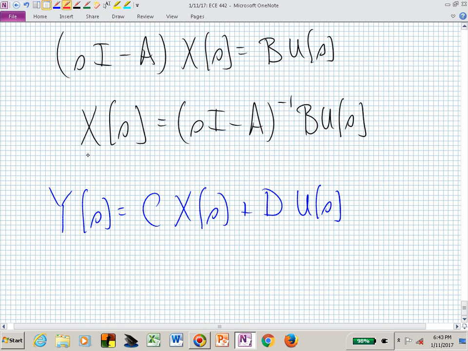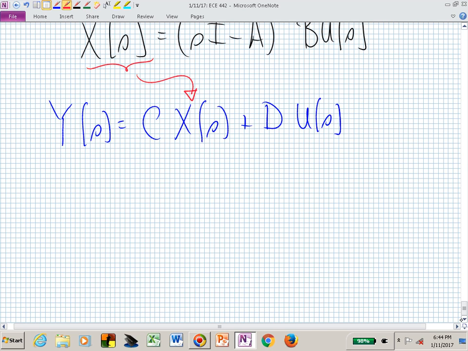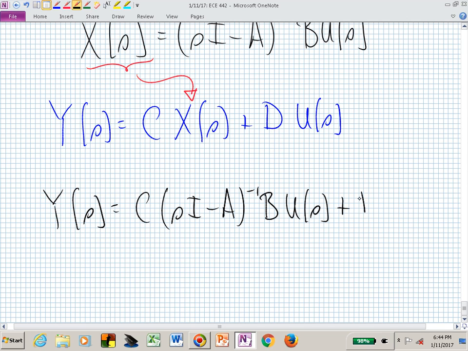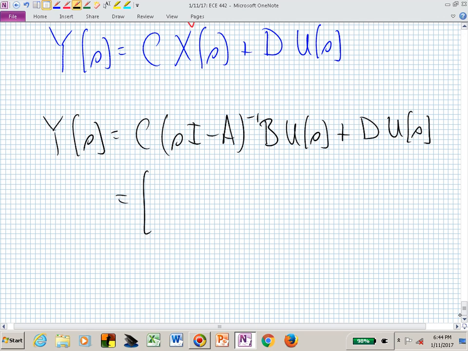And let's now use this capital X of s in there, so that we end up with Y of s is equal to C times sI minus A inverse B U of s plus D U of s. That U of s is in common, which allows us to factor it out on the right-hand side.